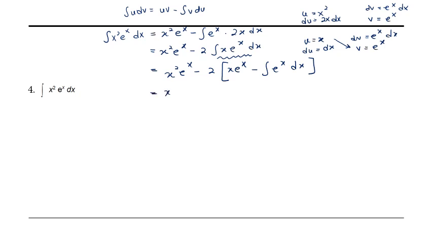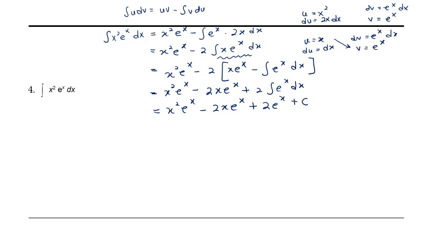So, x square exponent x minus 2x exponent x plus 2 integrate exponent x dx. So, integrate exponent x dx become exponent x. So, x square exponent x minus 2x exponent x plus 2 exponent x plus c. Okay. So, this is our answer.